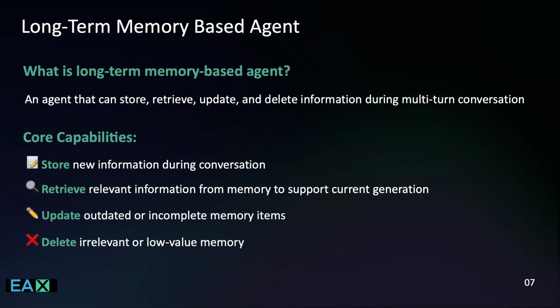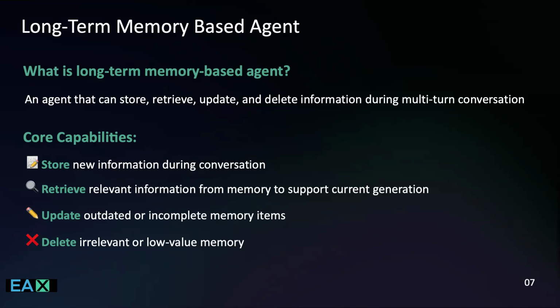So we have just introduced one key technique, the RAG functionality in EvoAgentX. The second function that is relevant to memory in EvoAgentX is a long-term memory-based agent. The current long-term memory-based agent we have implemented is an agent that can store, retrieve, update, and delete information during multi-turn conversation. So this agent is designed for multi-turn conversation.